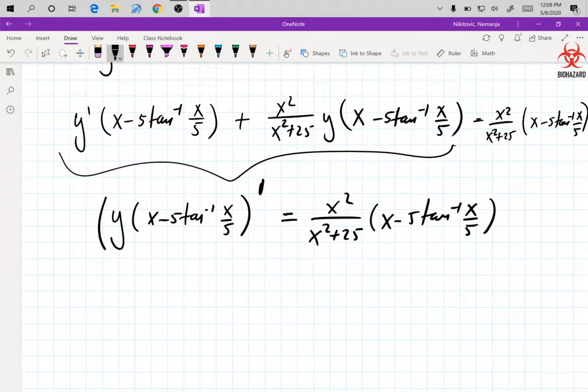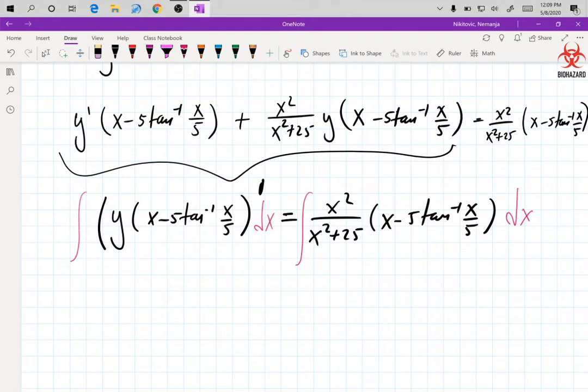To kill this prime, you have to integrate both sides. So as soon as I hit this, good luck. You understand what I'm saying, right? So we are going to scrap this question for something that is shorter.